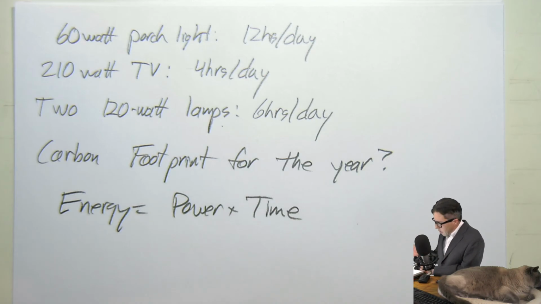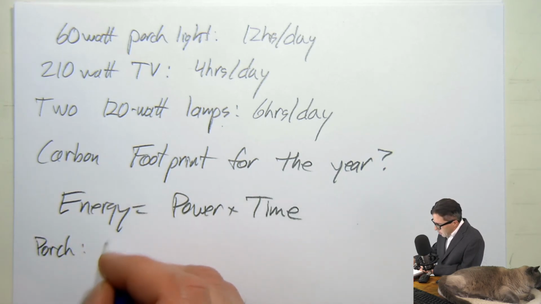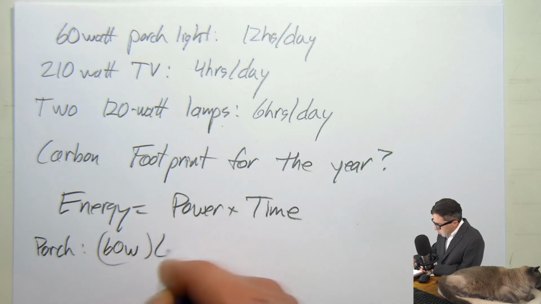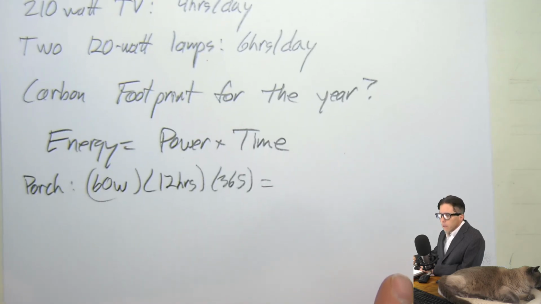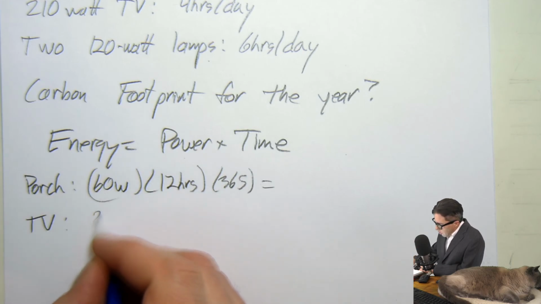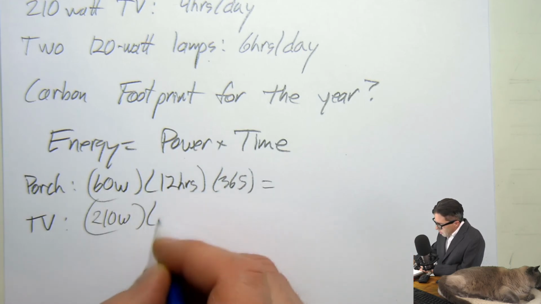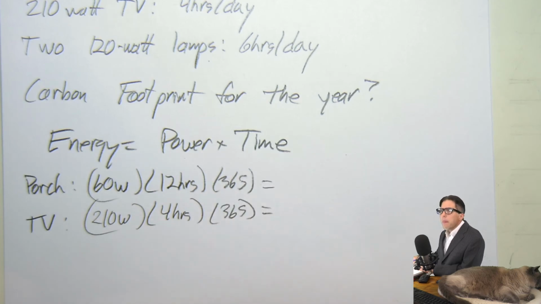So in other words, I can say, all right, let's do the porch lights. I've got 60 watts times 12 hours times 365 days a year. I've got the TV. The TV is 210 watts times 4 hours times 365.